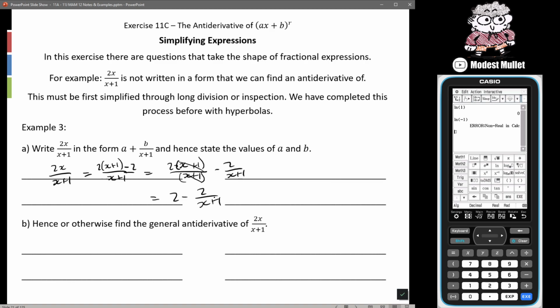And now we can use our anti-differentiation rules that we've just covered to go over this. So find the antiderivative. Well, the antiderivative of 2x on x plus 1 is equal to, we just showed that 2x on x plus 1 is the exact same as the antiderivative of 2 minus 2 on x plus 1 dx. Since there's a subtraction in there, we can separate this into 2 bits.